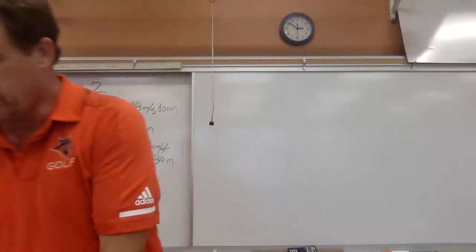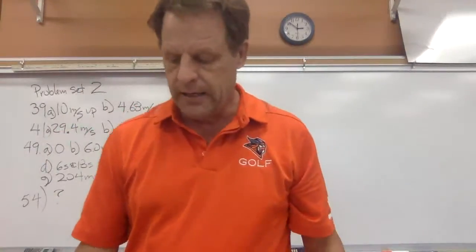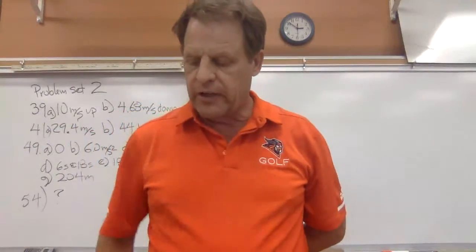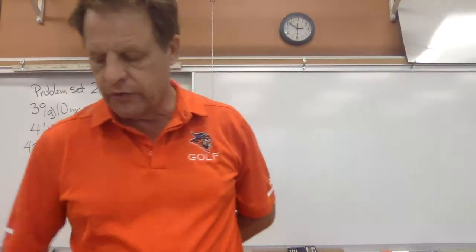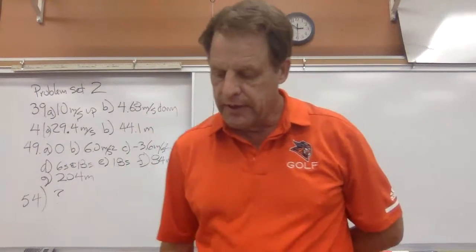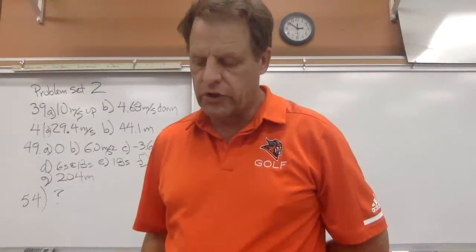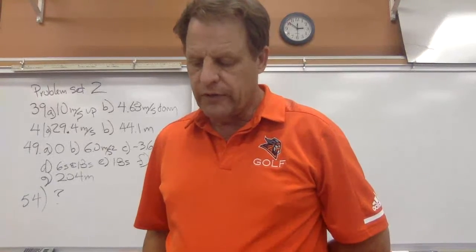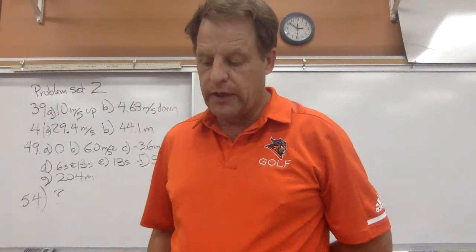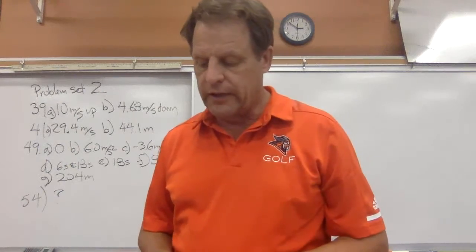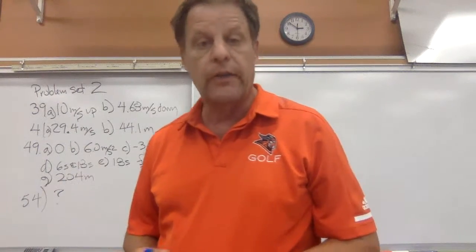In problem 39, it says a student throws a set of keys vertically upward to her sorority sister who is at a window 4 meters above. The keys are caught 1.5 seconds later by the sister's outstretched hand. With what initial velocity were the keys thrown? And what was the velocity of the keys just before they were caught?